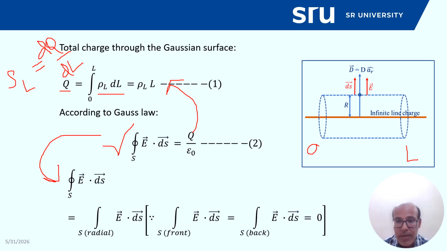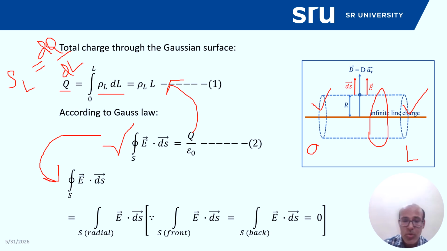Now there are three surfaces here. You may say this is front and this is back, or left side and right side. These two surfaces are identical; they are circular in nature, both are circles. And there is this round one, which is called the radial surface.